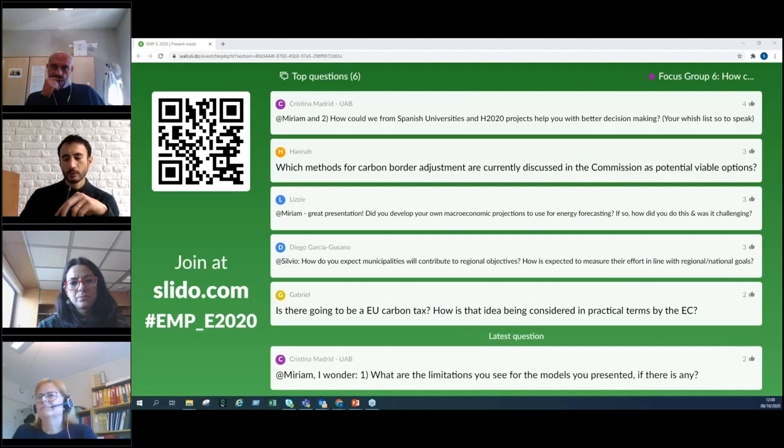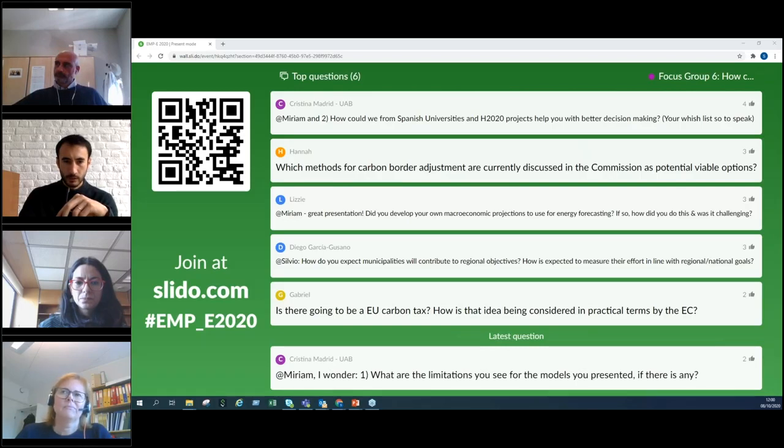So when it comes to the very specific tools at our disposal, I'm afraid I won't be able to answer, because this is being dealt with mostly in other directorates-general, DG Trade notably. So I won't be able to tell you exactly what options are privileged at this stage for implementing a carbon border adjustment mechanism.